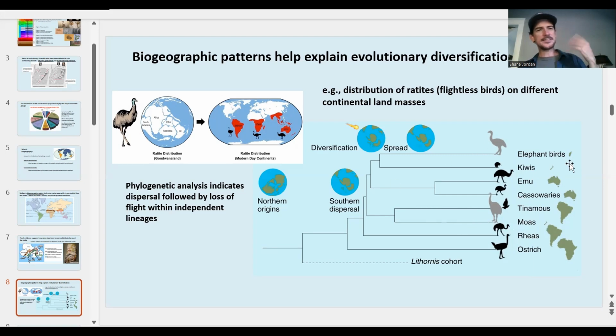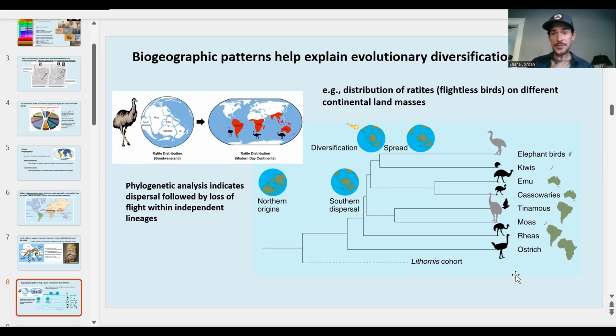So this is an interesting example of how multiple lineages of these birds dispersed into different environments, subsequently diversified, and then each subsequently lost flight, presumably because flight became disadvantageous in these different environments. There wasn't really a need to invest energy into being able to fly around. There was maybe a lack of competition, or resources simply weren't limited.